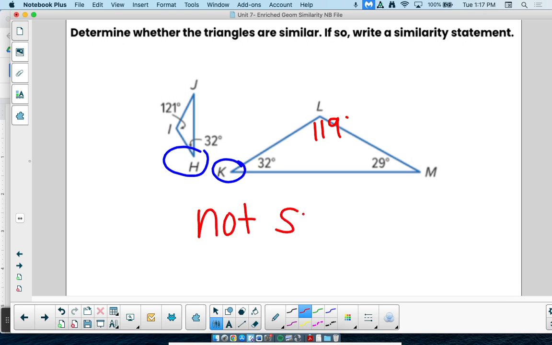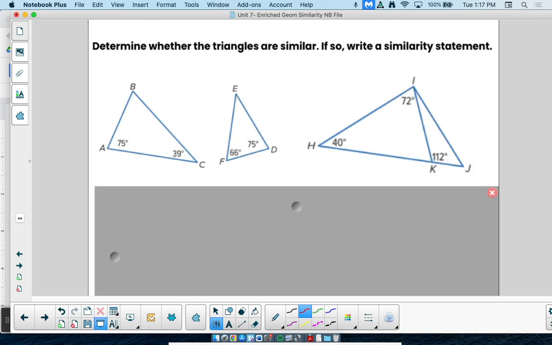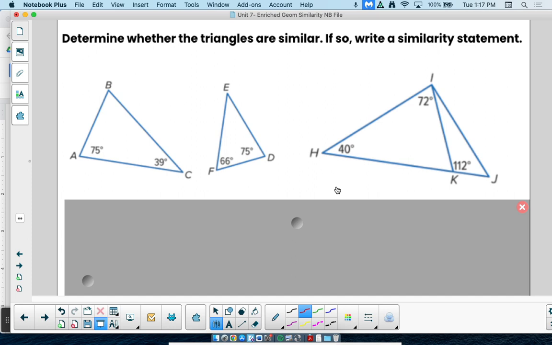Try the last two examples for me. The angles didn't match. This is the calc. Well, this is actually like the decimal one. It's correct.